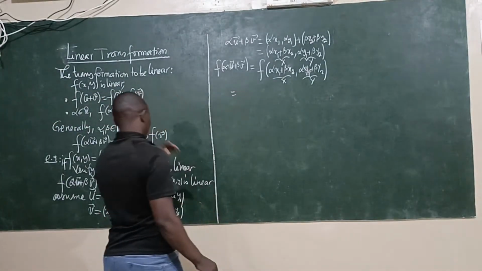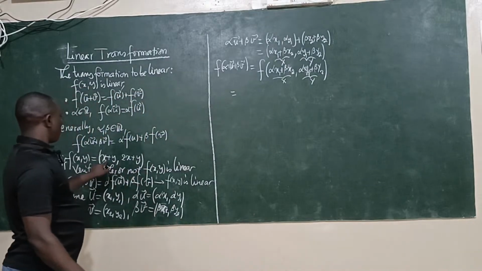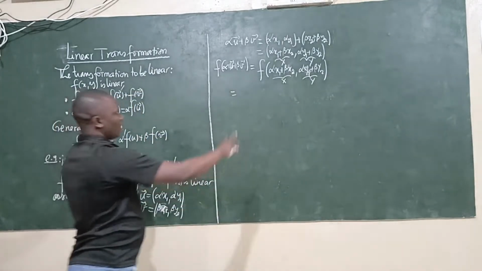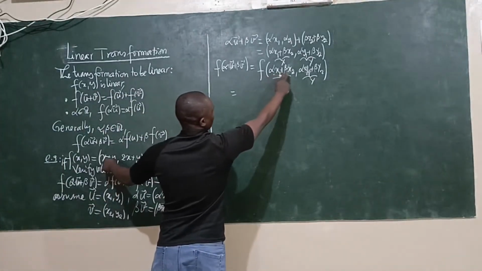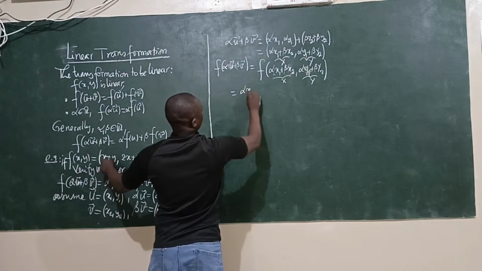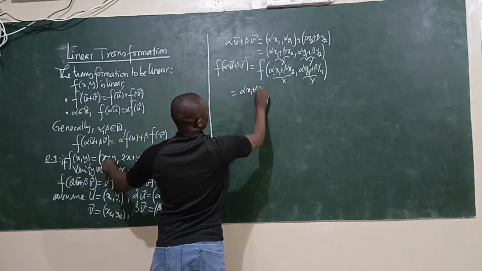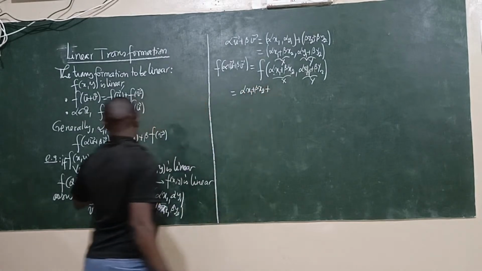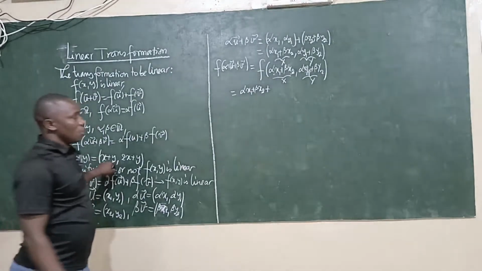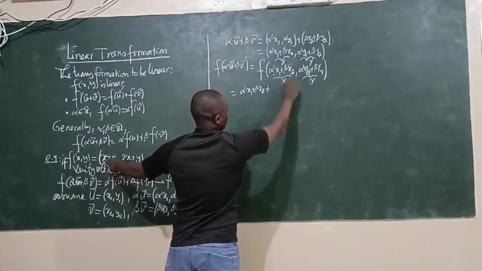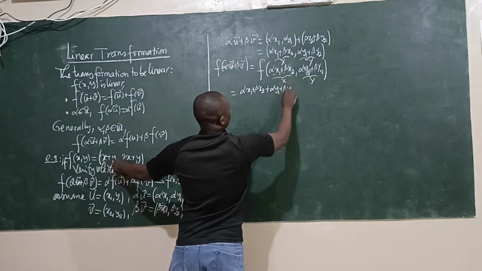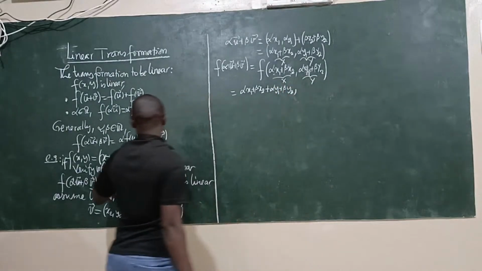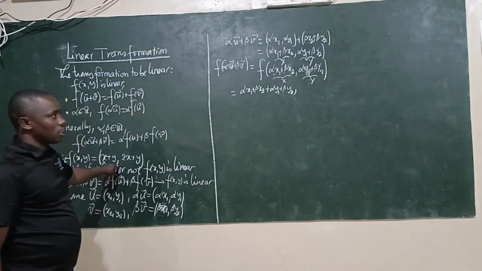We have x plus y. Instead of writing x, we are going to write this stuff: alpha x1 plus beta x2, plus y, where y is going to be replaced by alpha y1 plus beta y2. And here is a comma.